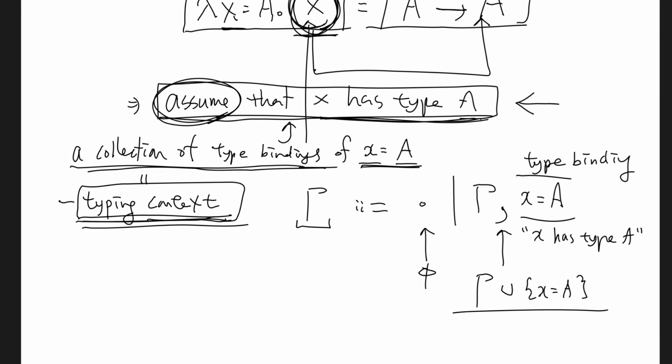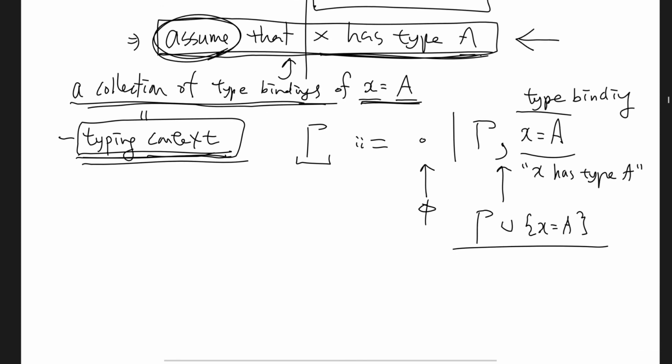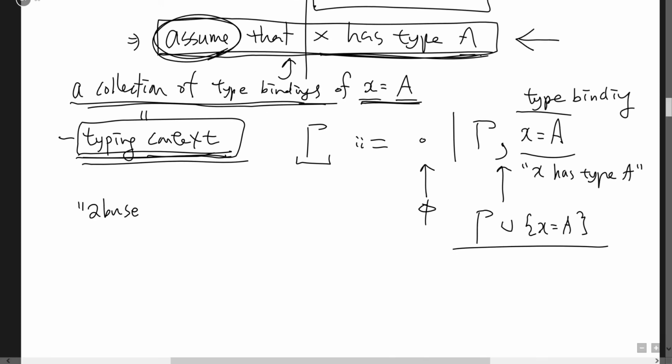Furthermore, we'd like to abuse this notation. For instance, instead of writing gamma union gamma prime, which is fine, we'd like to simply write gamma comma gamma prime.